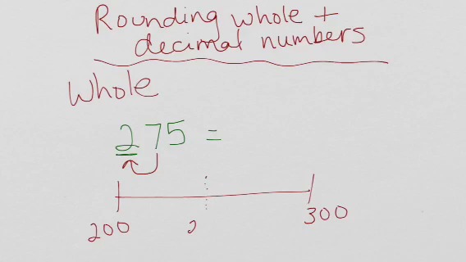Now, halfway between 200 and 300 is 250. And the saying we say in class, 5 or more means we're going to raise the score. 4 or less, and we're going to let it rest. So the 7 would be 5 or more. And as you know, 275 would put it on this side of the number line.